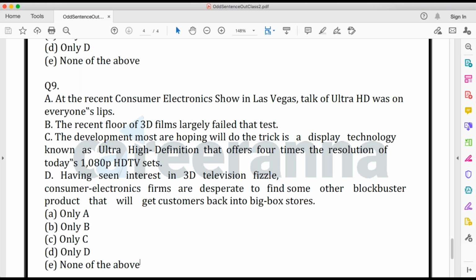At the recent Consumer Electronics Show in Vegas, talk of Ultra HD was on everyone's lips. The development most are hoping will do the trick, and so on. And again, we are talking about ultra high definition in sentence number C. That continues in sentence number D.